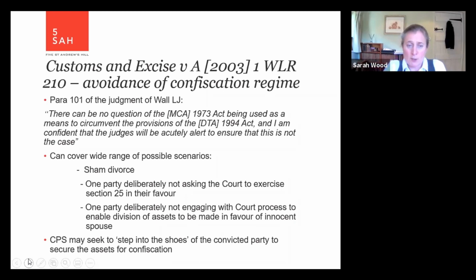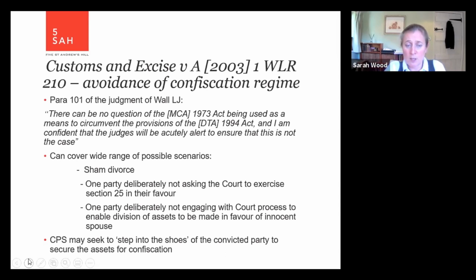The other end of the spectrum is where you have one party who deliberately doesn't ask the court to exercise Section 25 in their favour, or perhaps who deliberately doesn't engage with the family court process with a view to ensuring that the assets are distributed in favour of the innocent spouse.